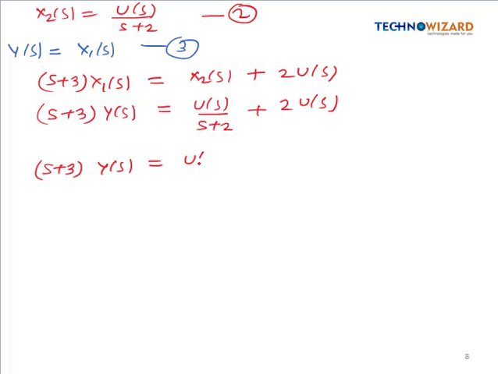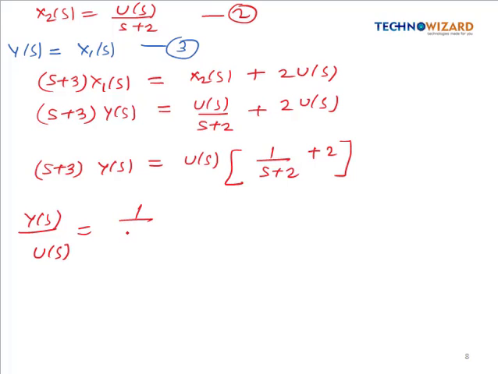I am taking u of s common, so this will be equal to 1 upon s plus 2, plus 2. So simply we have to find the value of y of s by u of s. So this will be equal to 1 by s plus 3. Taking s plus 2 as the LCM, this is 1 plus 2 into (s plus 2), which is 2s plus 4 plus 1.